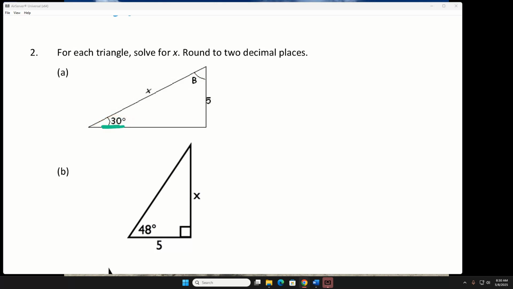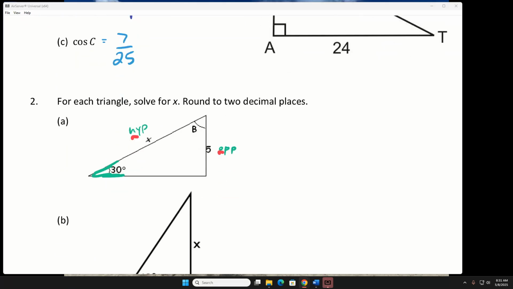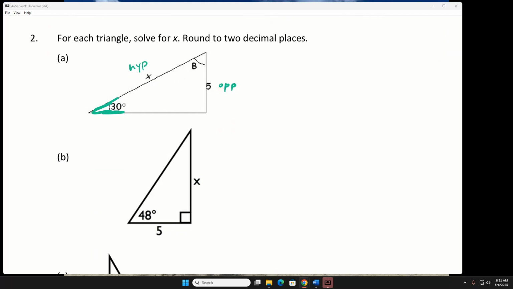If this is our angle, 5 is opposite of that angle, and x is the hypotenuse. When we have opposite and hypotenuse, that is the SOH part of SOHCAHTOA. So you set up an equation: the sine of that angle is equal to the opposite over the hypotenuse.